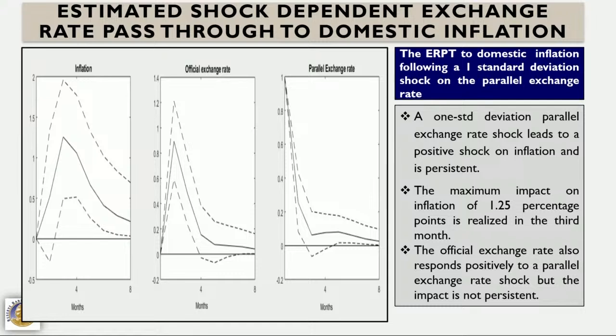And we are looking at the parallel exchange rate and the official exchange rate shocks on inflation. And all these indicate that there is a positive relationship. But for the parallel, you find that the shock is more pronounced compared to the official exchange rate.